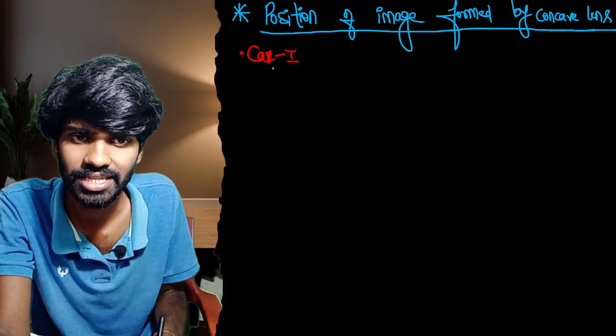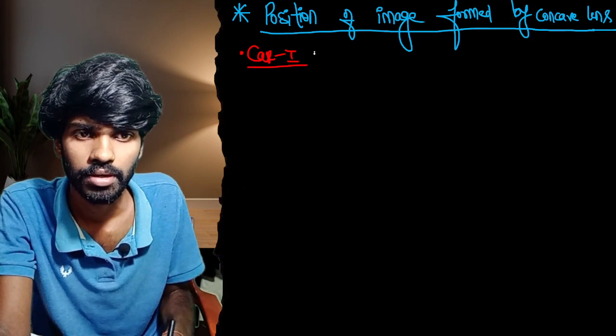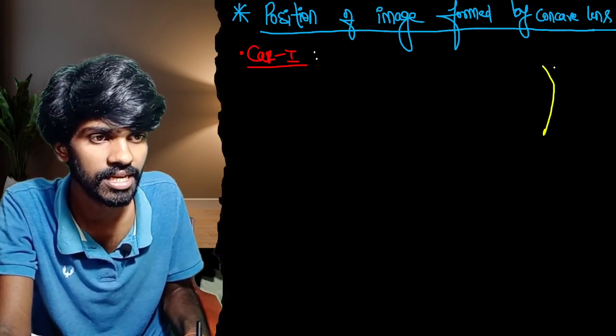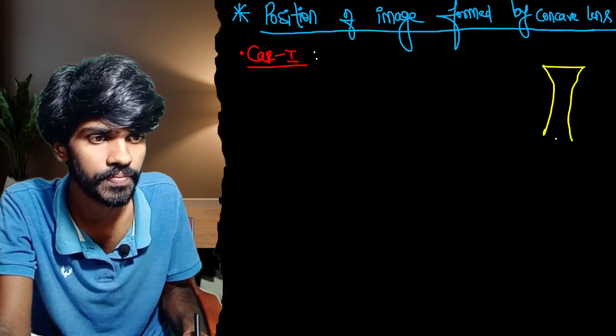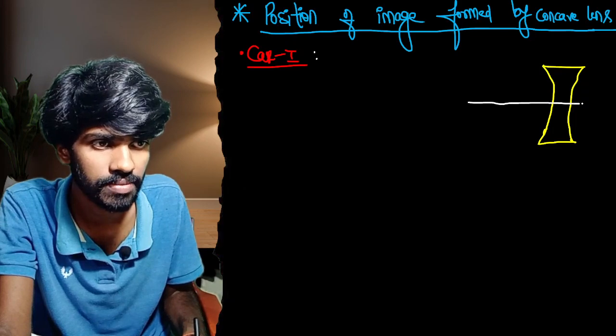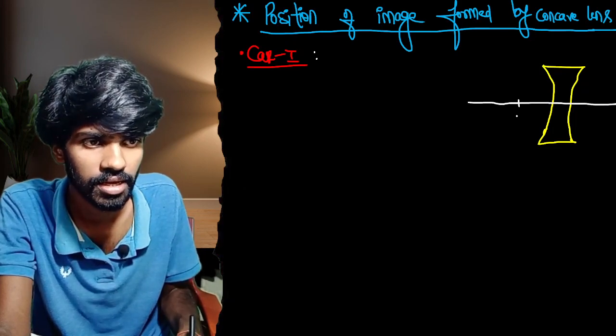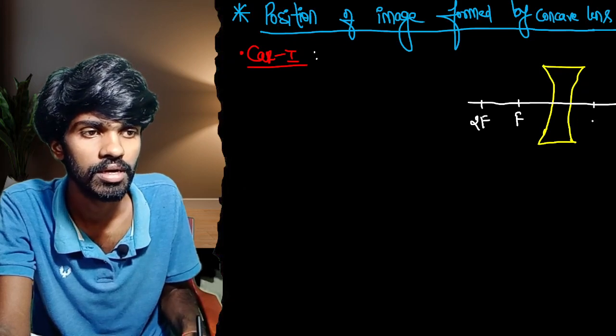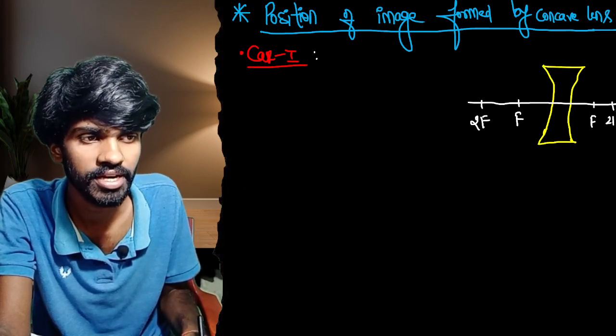So case first in this situation will be, let us first draw concave lens. This is the concave lens. This is its principal axis, F, 2F, again on this side F and 2F.